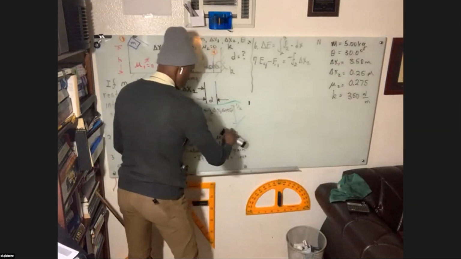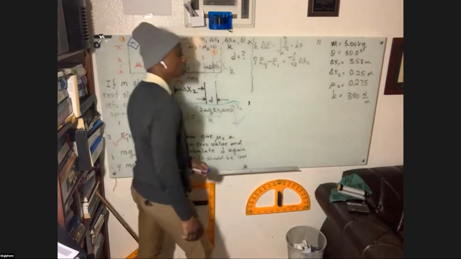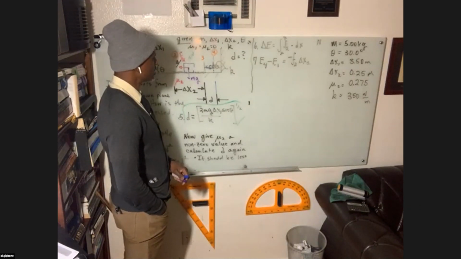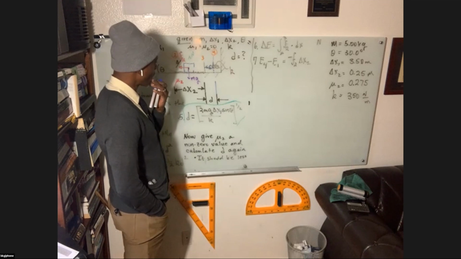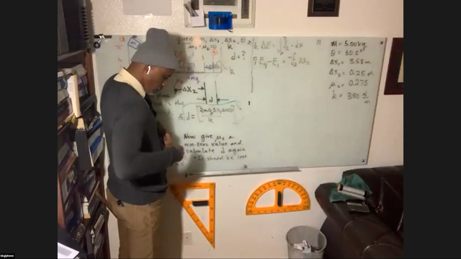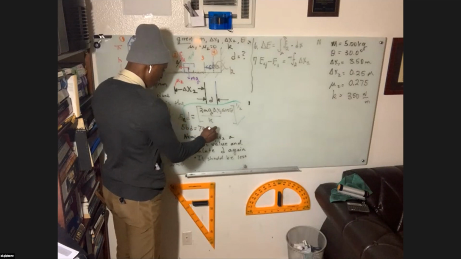Wait a minute, 0.7 meters, that's 70 centimeters. Okay, so it's a large spring. So 5B, D is equal to 70 centimeters.